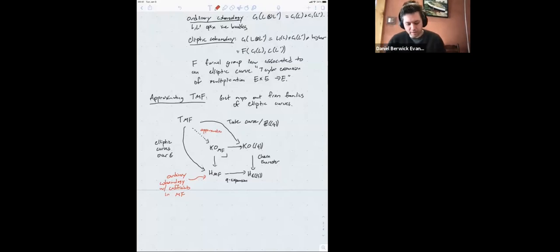Okay, so in particular, a map into KOMF will be something with power series in Q, something from ordinary cohomology with coefficients in modular forms, together with a homotopy between the image of those classes down below. So that homotopic coherence will turn out to be very important going forward.